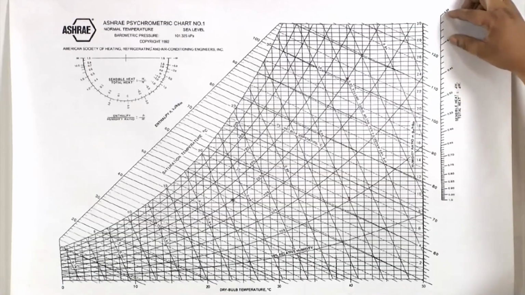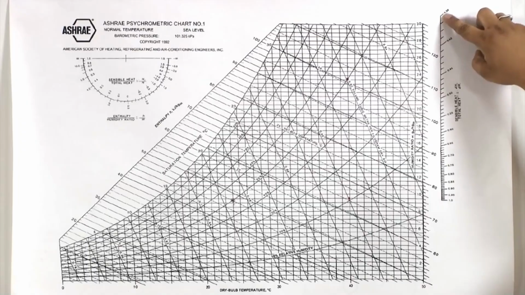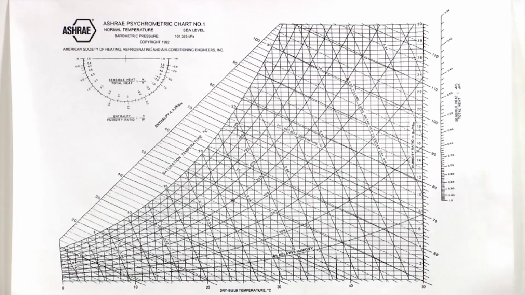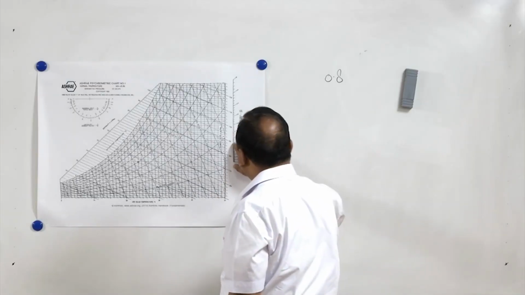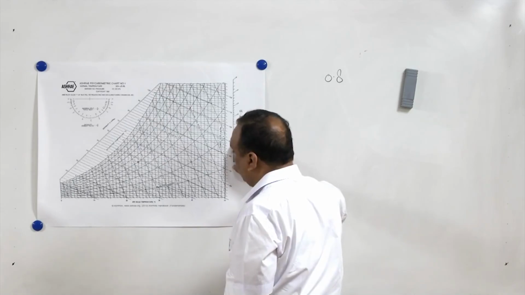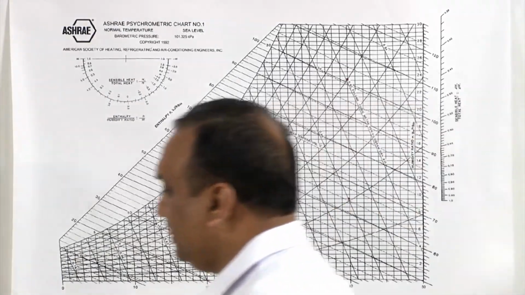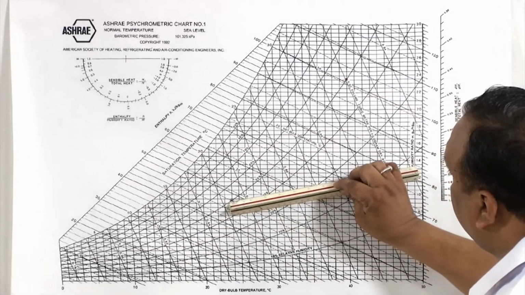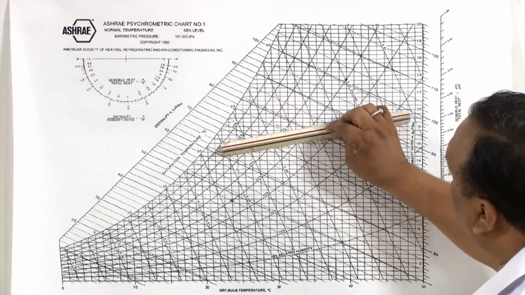Here the distance between, say, 0.4 and 0.3 is 0.01, but here if you look at 0.01, the marks are very close to each other. Now I want to have a constant sensible heat factor line of 0.7. So I will join this 0.7 with this ideal condition, and any line parallel to this line is a 0.7 line.